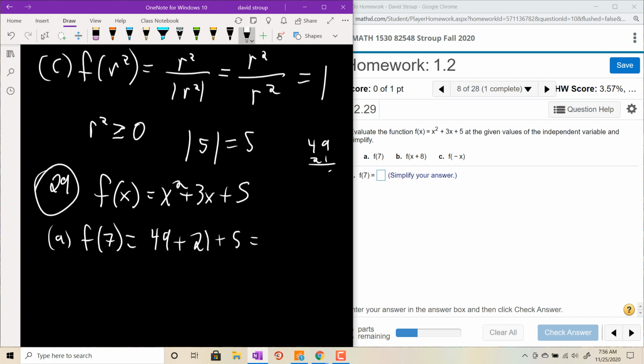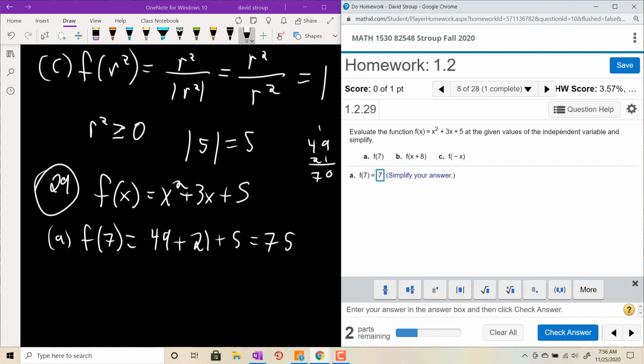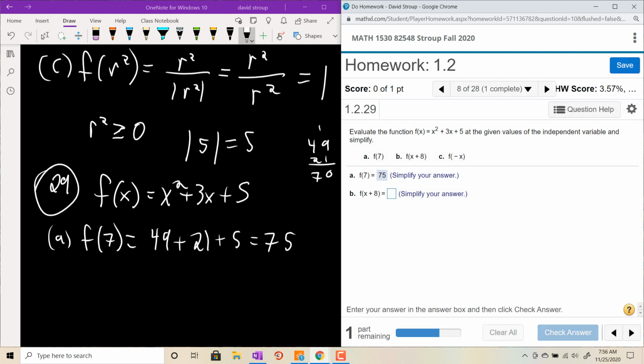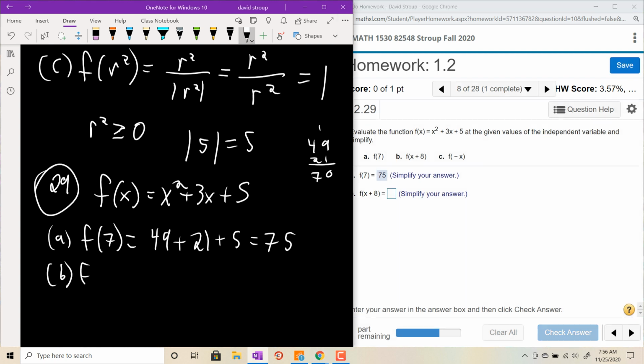And 49 plus 21 is 70, add a 5, so I get 75. Let's try that guy, 75. Yay. Now f of x plus 8. So this time I'm plugging x plus 8 into wherever I see x.